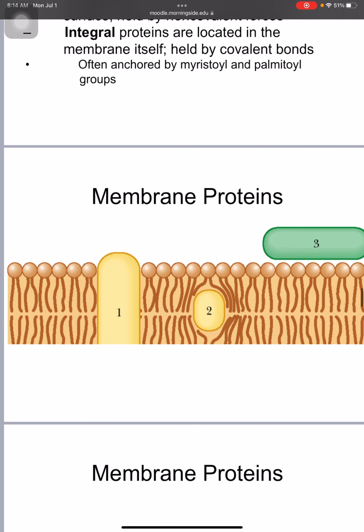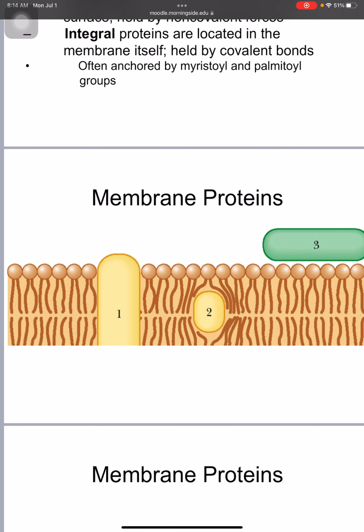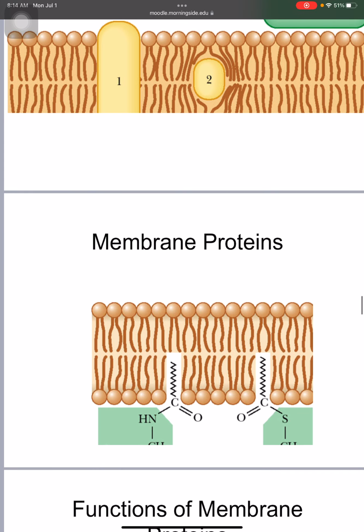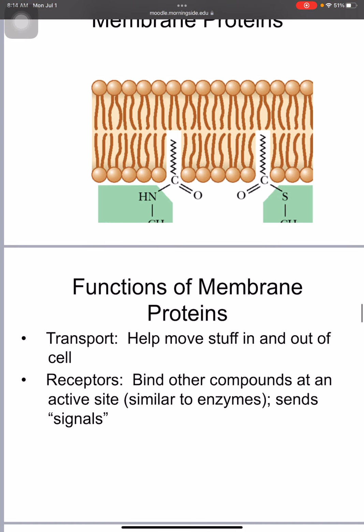You can see in this photo some simplistic examples. All the ones in the middle, the yellow, 1, 2, and 4, those are integral, and peripherals are on the surface. And there you can see the two linkages that I just mentioned.